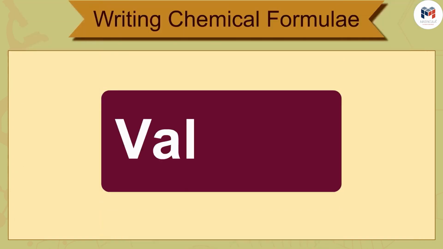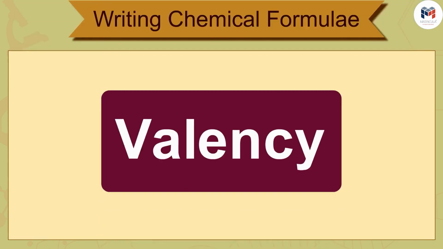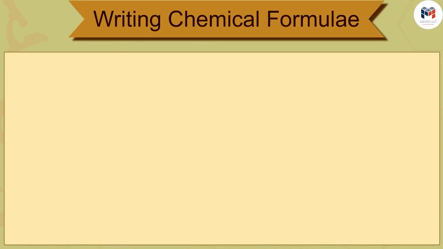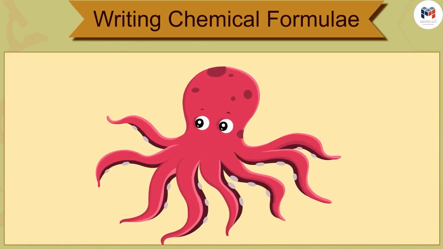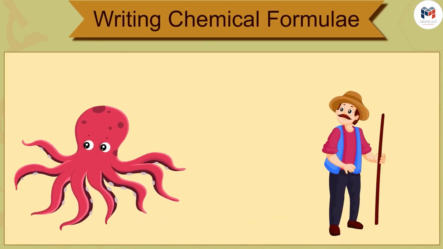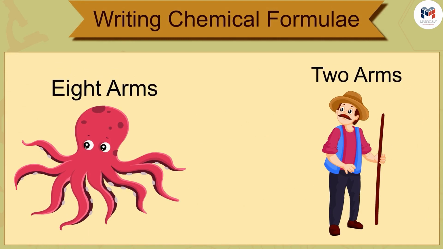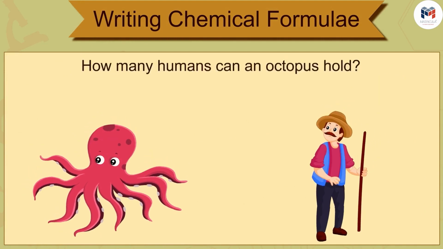Let us understand valency by an example. Imagine if an octopus is to hold some humans in such a way that its 8 arms are used with both arms of humans. How many humans can an octopus hold?